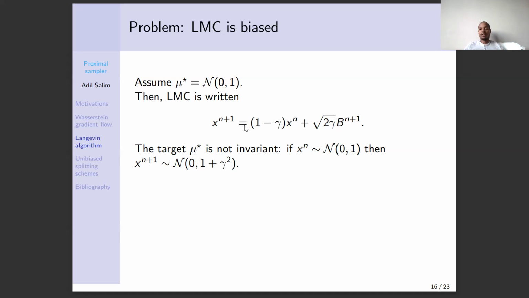If I run Langevin Monte Carlo for this target distribution, I obtain this algorithm: X_{n+1} equal to (1 minus gamma) times X_n plus square root of 2 gamma B_{n+1}, where B_{n+1} is a sequence of IID standard Gaussians. And we see here that mu star is not invariant, because if X_n has the standard Gaussian distribution, then the variance of X_{n+1} will not be 1; it will be 1 plus gamma squared. So we see that mu star is not invariant.